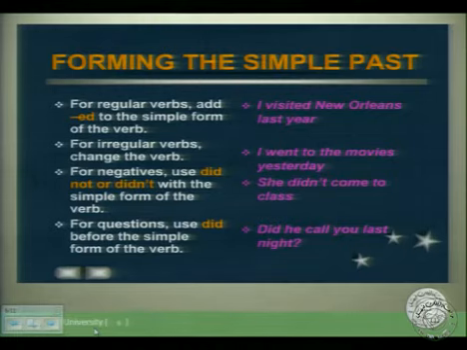I went to the movies yesterday. We did not say goed. Goed is not correct. I went to the movies yesterday.